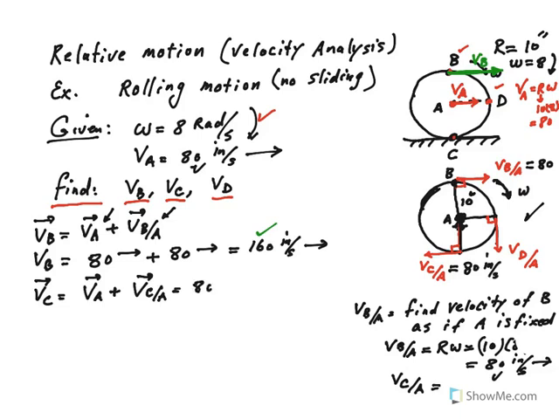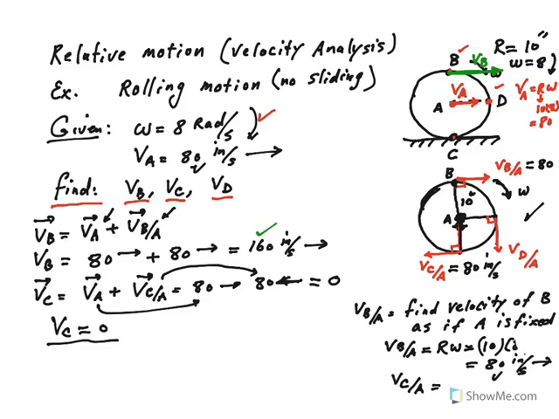I have 80 to the right, that's velocity of A. Velocity of C relative to A is 80 to the left. Whoop. It becomes 0. So velocity of C is 0. In fact, velocity of the contact point in a rolling motion is always 0 because the surface has a 0 velocity. I'll talk about this more and how we can justify this if it doesn't make sense to you.